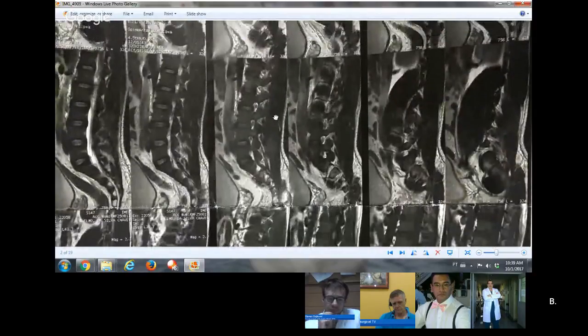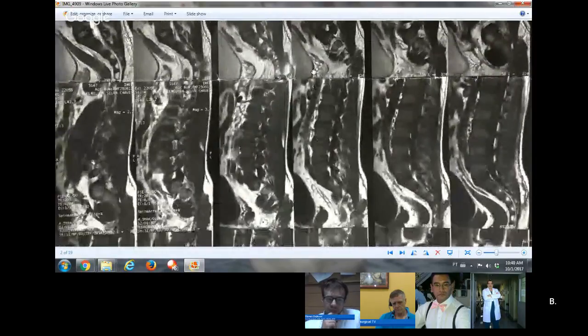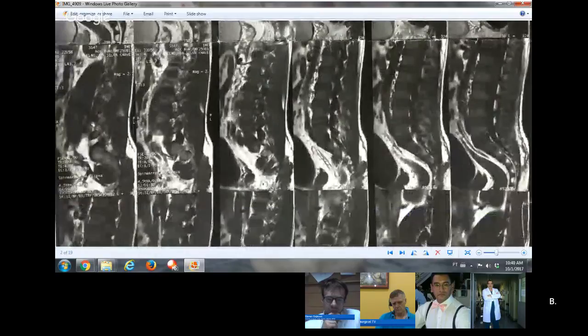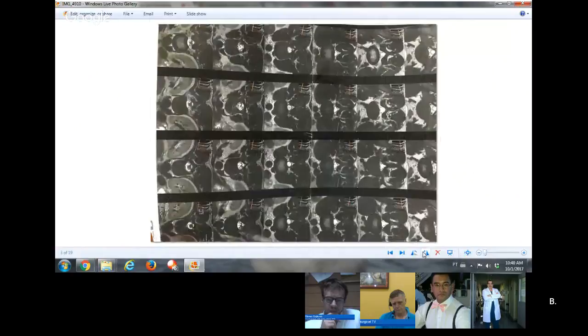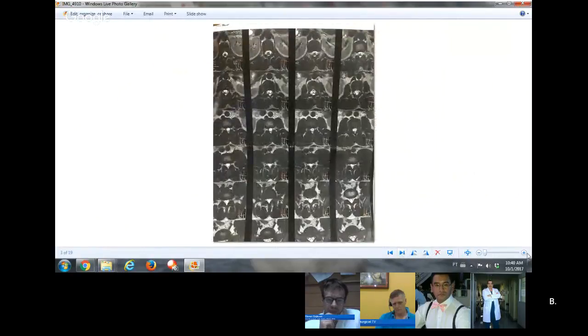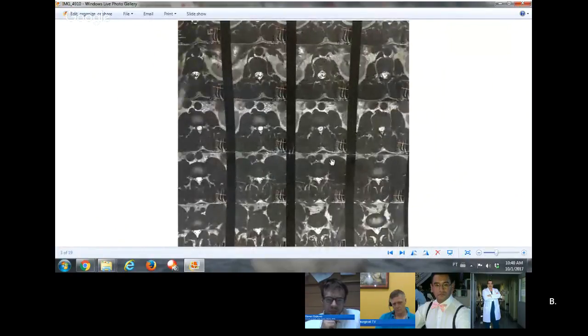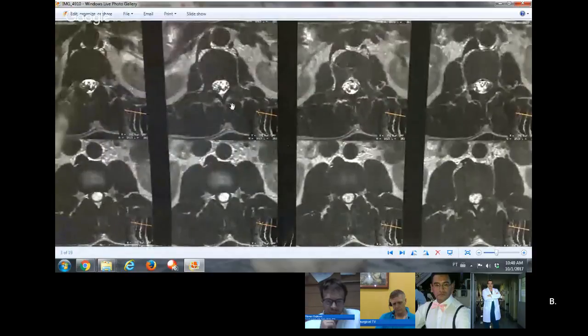Here's the mass. And here you have the axial view. Can you see it? Yes.